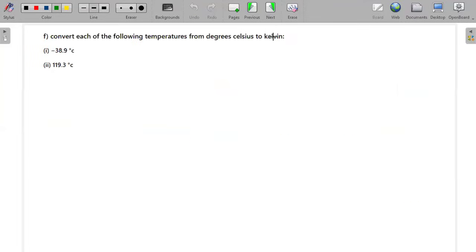All right, we move to the next question, which is question F. F is very simple because we're just converting temperature. They're saying convert each of the following temperatures from degrees Celsius to kelvins. We know that the temperature in kelvins is equal to the temperature in degrees Celsius plus 273.15.